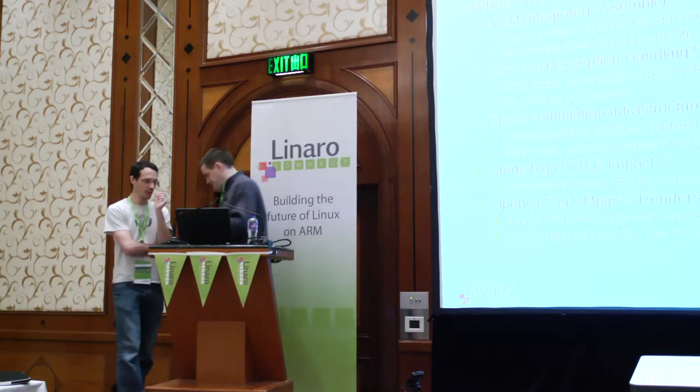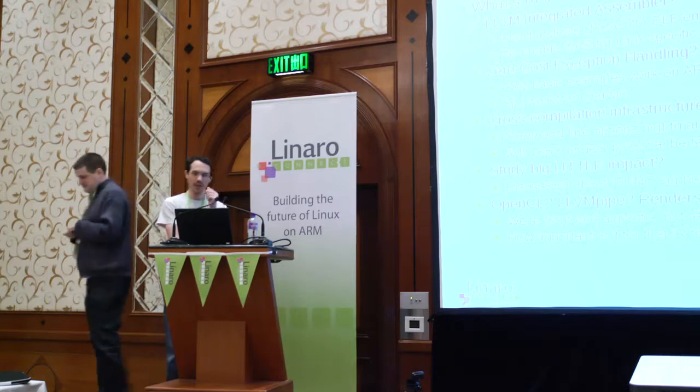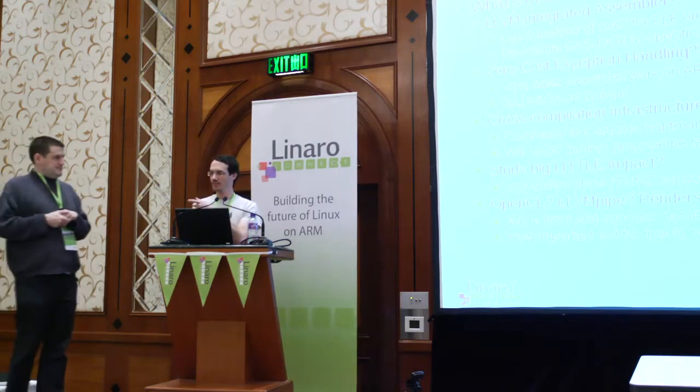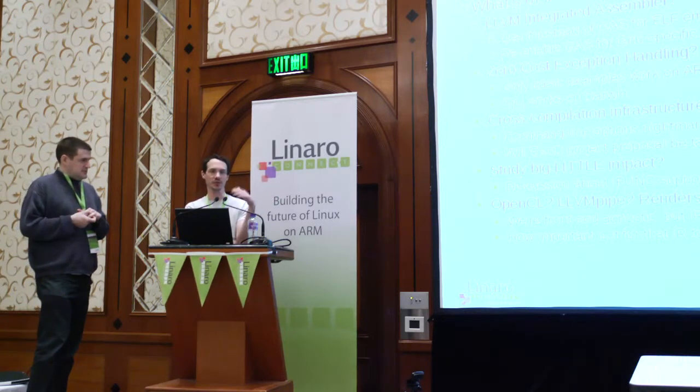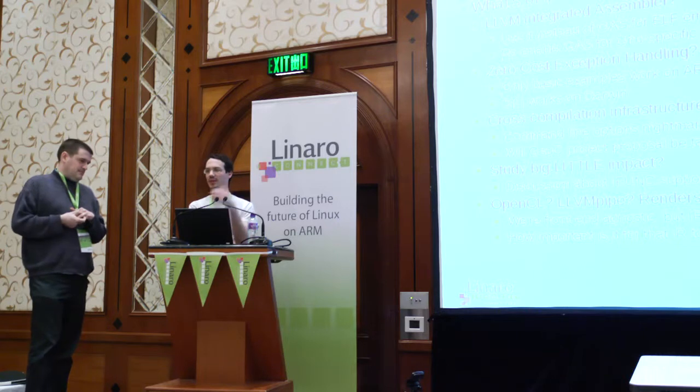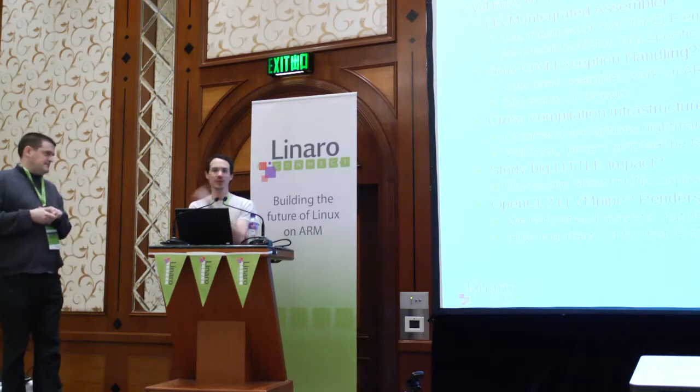So there's one thing, as we've seen in the earlier presentation, Linaro handles 25% of the commits in the ARM part of the Linux kernel. So it makes sense for Linaro to release kernels and stuff. And the GCC team is half a dozen or more people working on it.